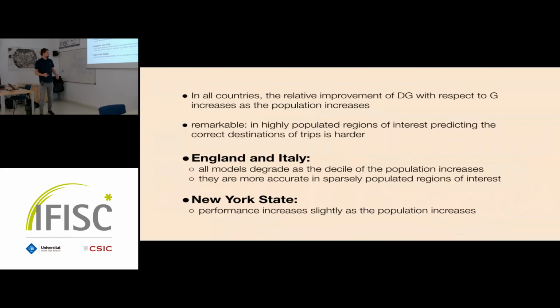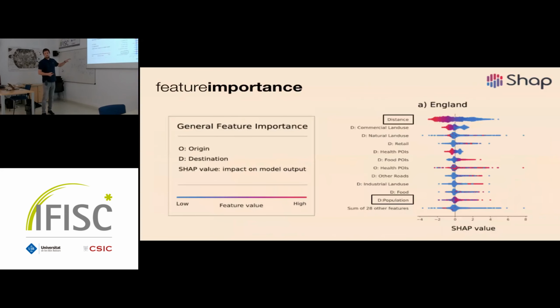But let's say that at the moment we have just yet another model. There are many models doing this thing, but we also have explainable AI techniques on top of the model that can help us in determining what is going on with the prediction. So, for example, as you can see here in England, in this graph, the A plot, there is a dot for each pair of origin and destination, so for each pair of potential commuting areas.